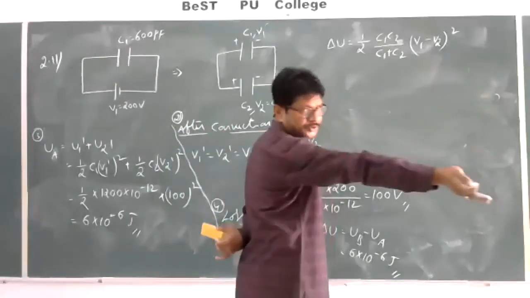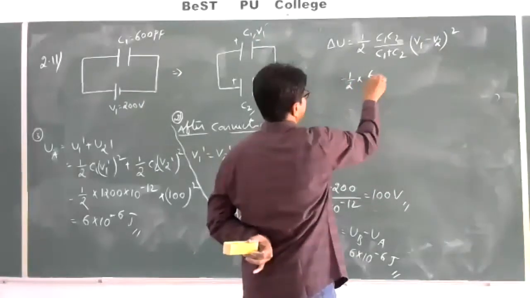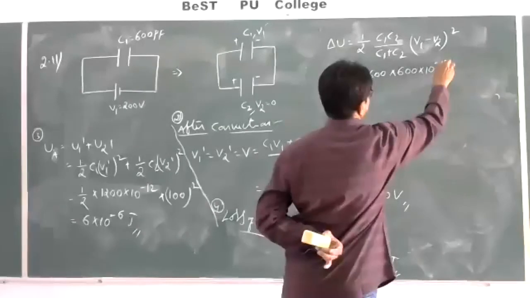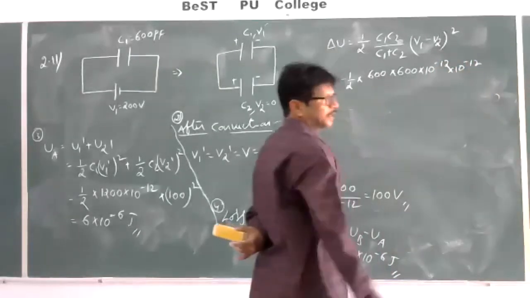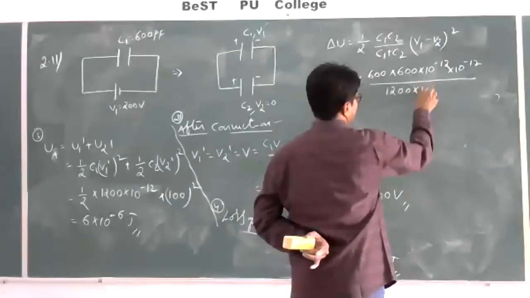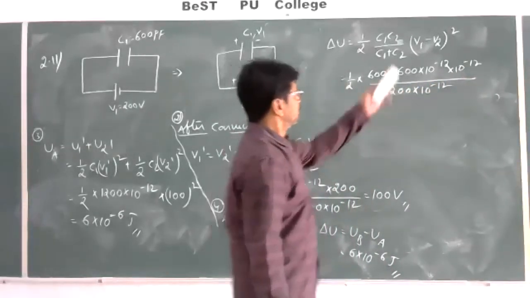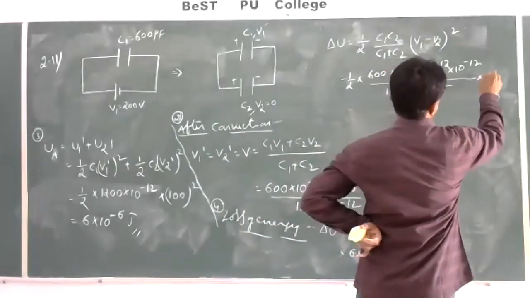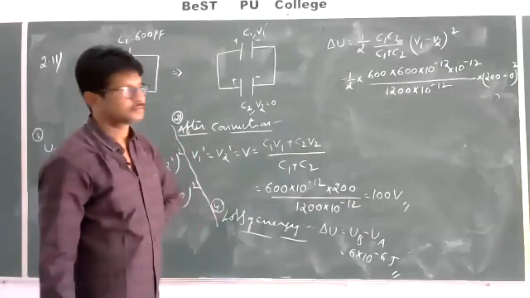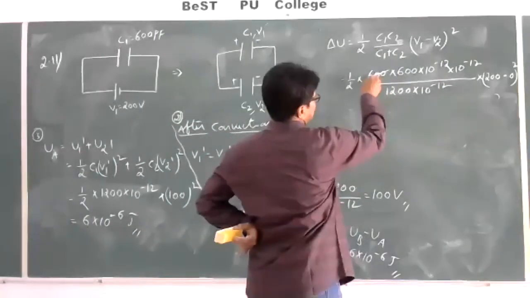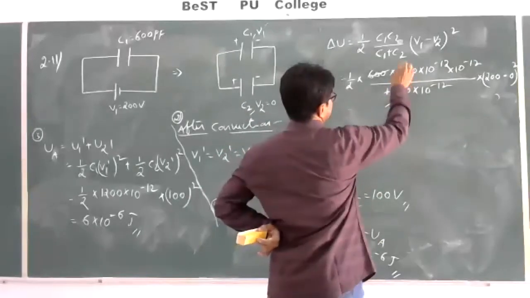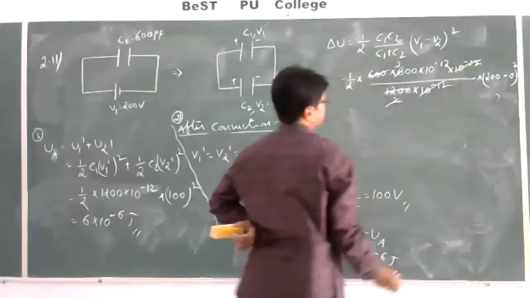So in this formula you can directly substitute. Half, C1 is 600 pico, C2 is also 600 pico, divided by C1 plus C2, 600 plus 600, 1200 pico, where V1 is 200, V2 is 0, whole square. The pico terms cancel.